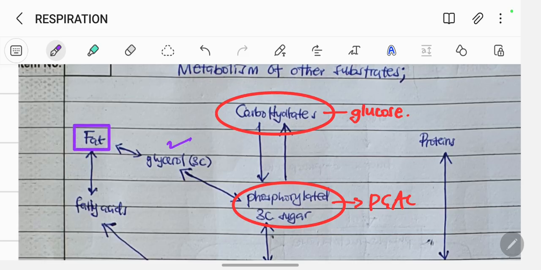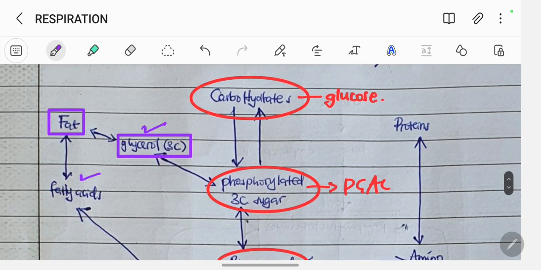We know glycerol and fatty acids are constituents of fat. So let me begin with glycerol. As you break down the fat, you form glycerol. Then this glycerol, we very well know that it's a 3-carbon compound with 3 OH groups there.